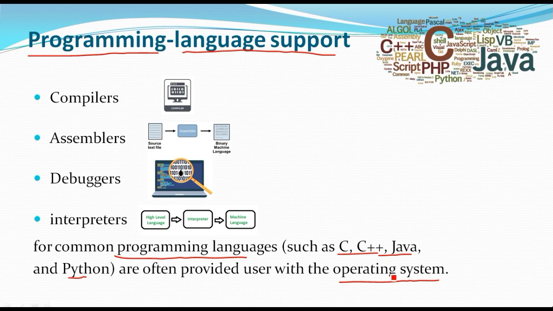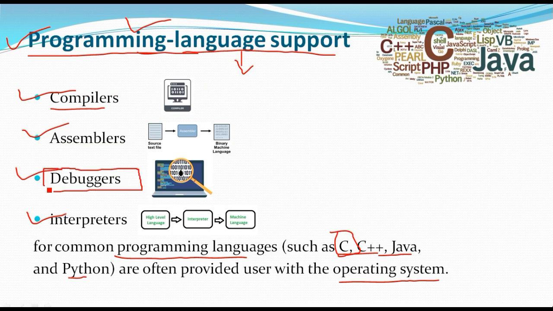The programming language support is for the compilers, the assemblers, the debuggers, the interpreters. So these services are necessary, right? For any programming language, without these services, if you don't have the compiler, C cannot be executed. For executing C, you need the compiler. Any error which occurred, you need a debugger to debug that error.